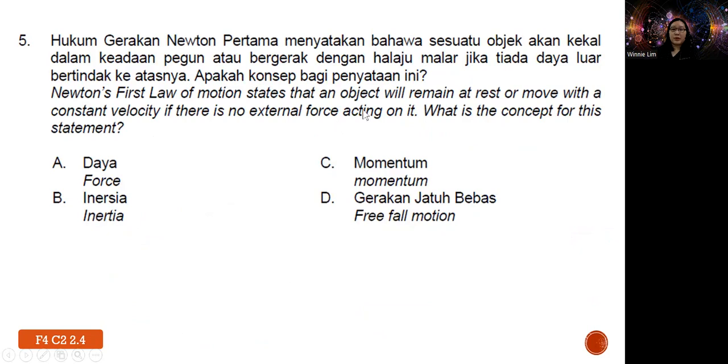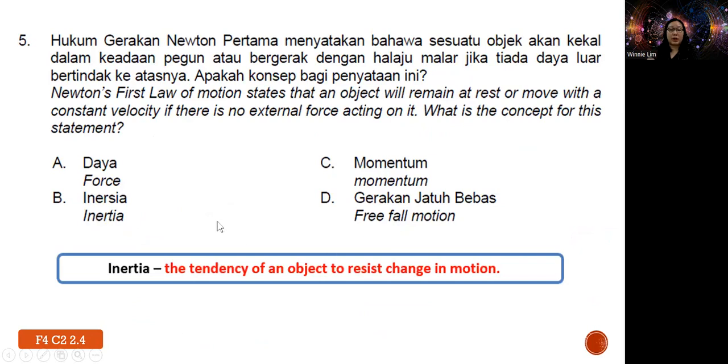Newton's first law of motion states that an object will remain at rest or move with a constant velocity if there is no external force acting on it. What is the concept for this statement? Okay, so it is kind of common, right? It's actually the concept of inertia. Now, inertia has another definition as well, which is the tendency of an object to resist change in motion.